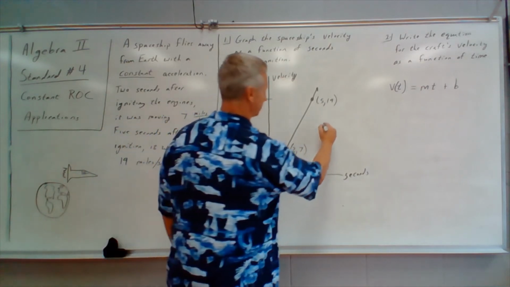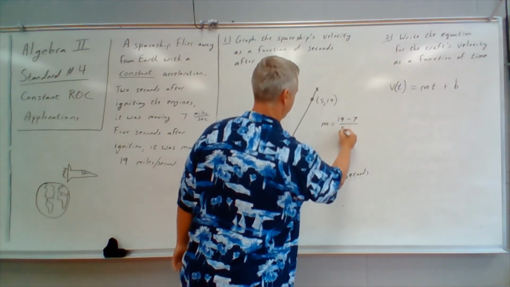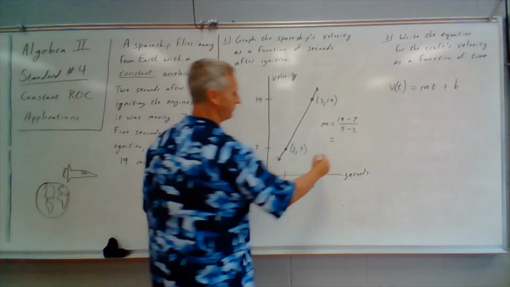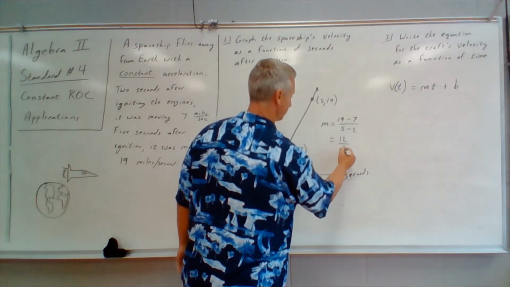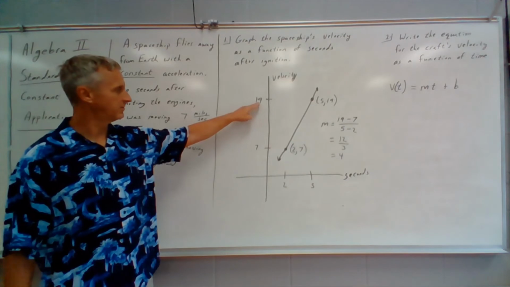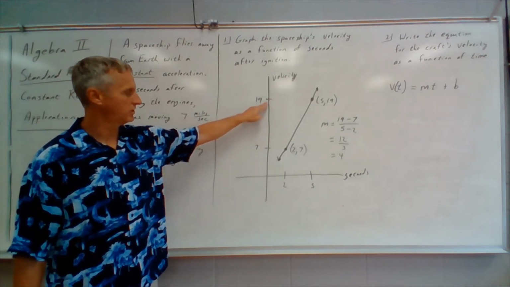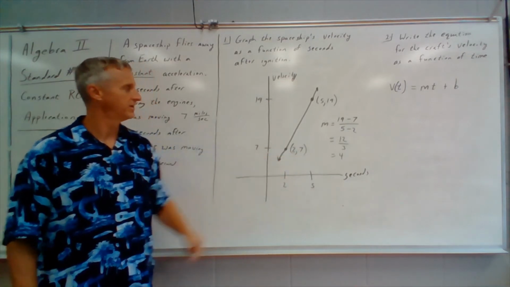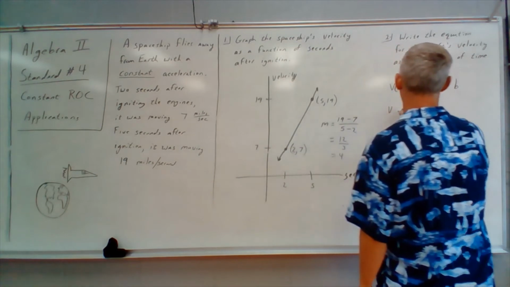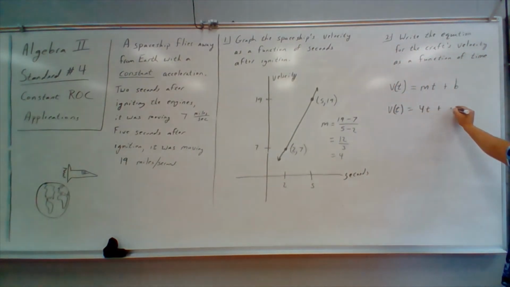So the slope of this line would be 19 minus 7 over 5 minus 2. 19 minus 7 is 12. 5 minus 2 is 3. So I go up 12 over 3. My slope is 4. So v of t equals 4t plus b.